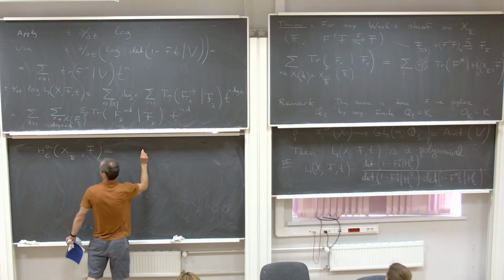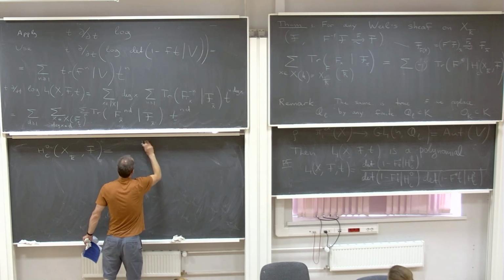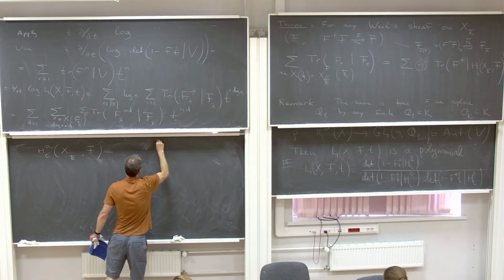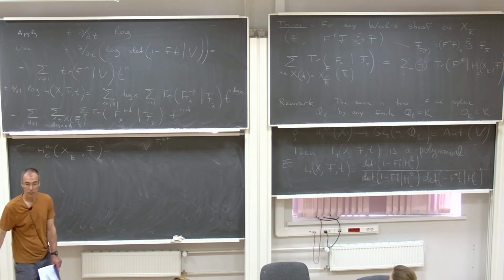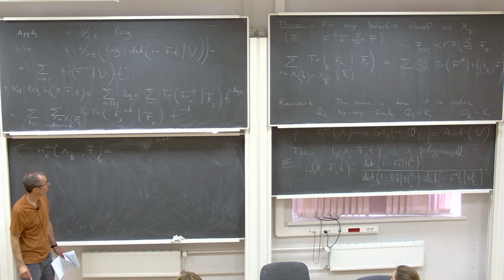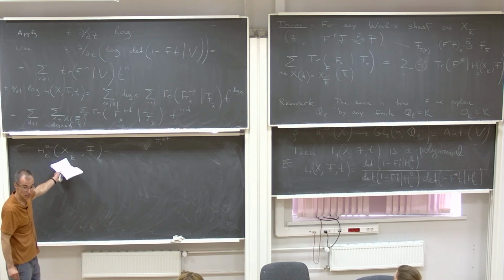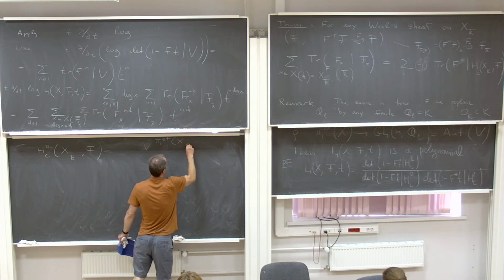Then this is nothing else but the invariant elements of V under the fundamental group, pi 1 étale, of the scheme x k bar.